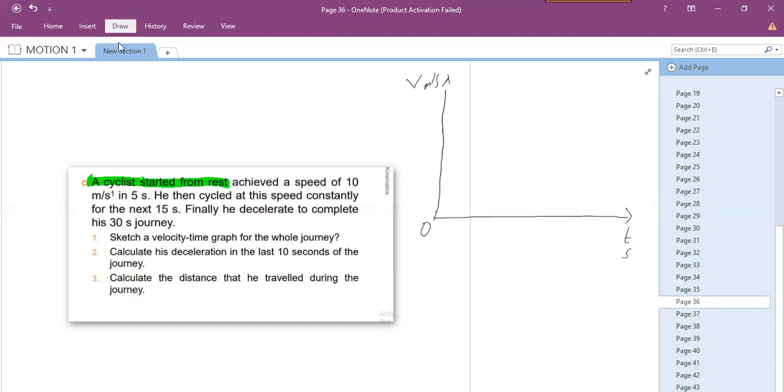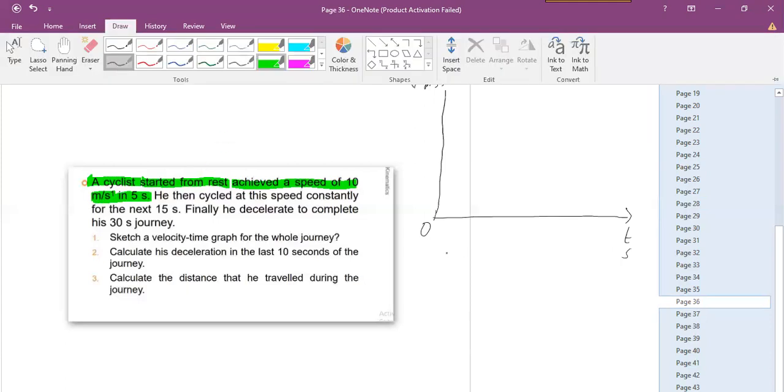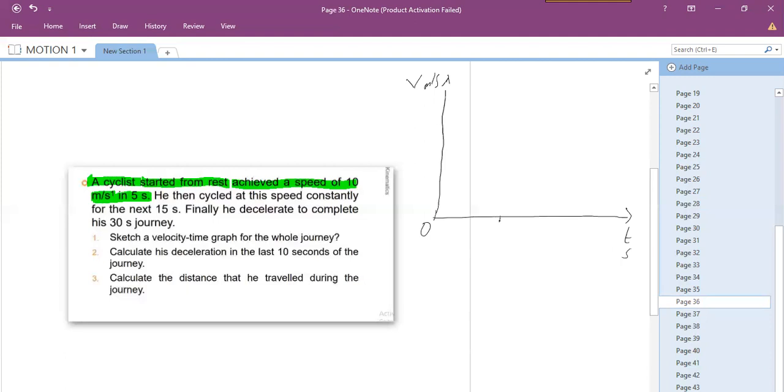Then the question continues to say he achieved a speed of 10 meters per second in 5 seconds. So there is a t. I'm going to say t here is 5 seconds, and the velocity that he achieved was 10 meters per second, meaning he was accelerating here like so.